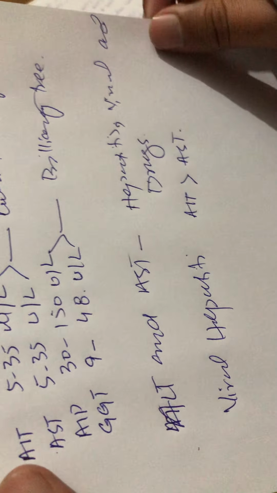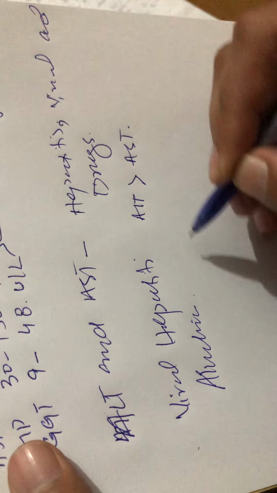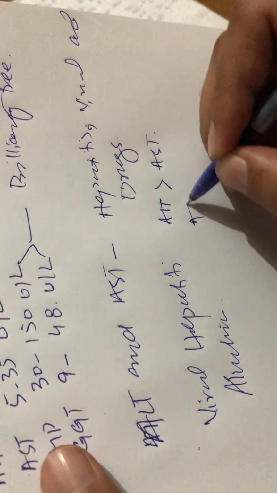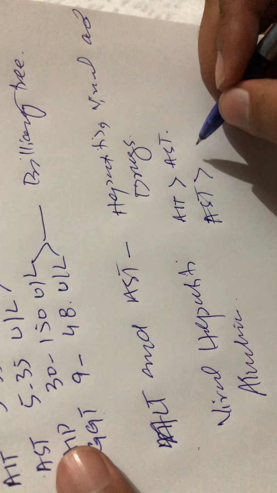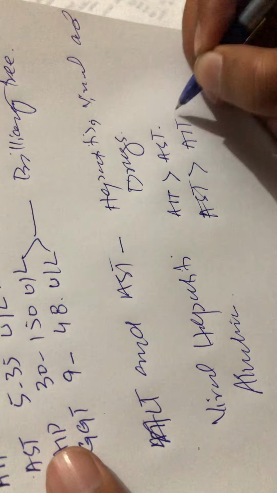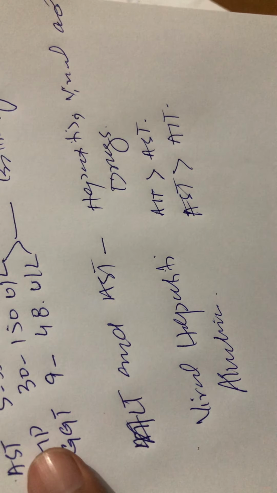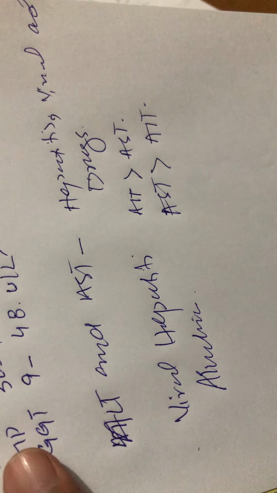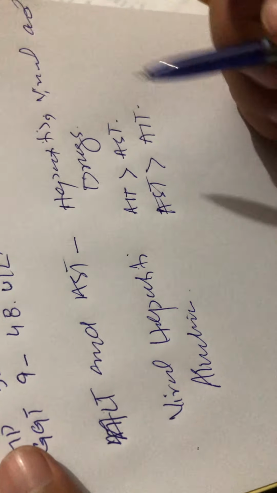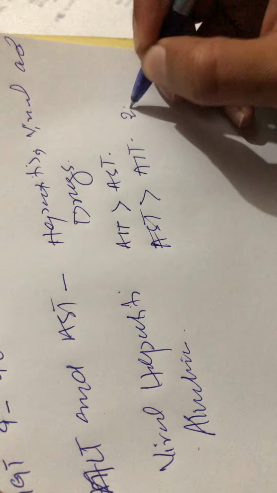While in alcoholic hepatitis, it is the opposite: AST is more raised as compared to ALT, because alcohol mainly causes mitochondrial damage, and AST is a mitochondrial enzyme which gets released from there. So in alcoholic hepatitis, AST is more than ALT, almost 2:1.